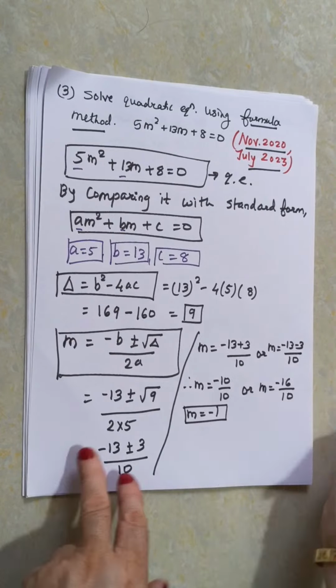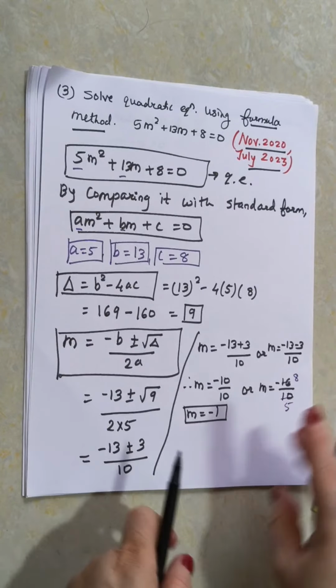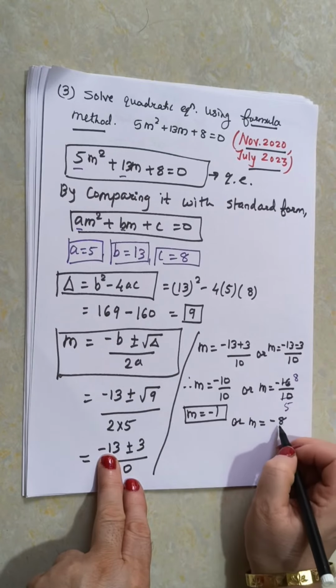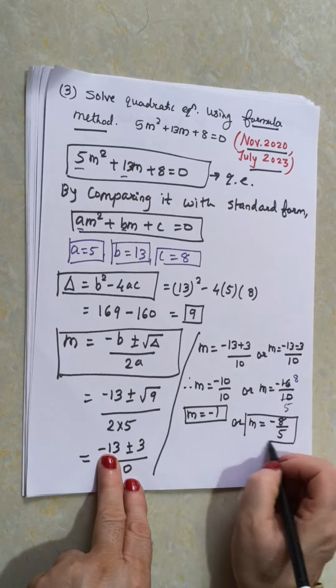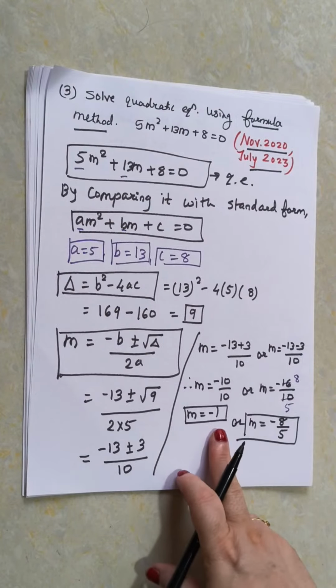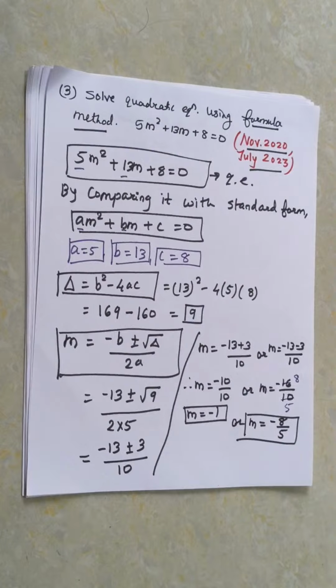So we can divide it, 2 eights are 16 and 2 fives are 10. So m is equals to negative 8 upon 5. Thus we got two roots of the given quadratic equation, that is m is equals to negative 1 or m is equals to negative 8 upon 5.